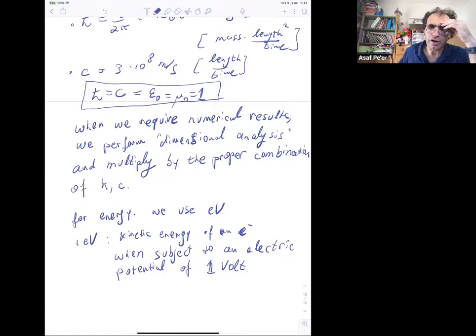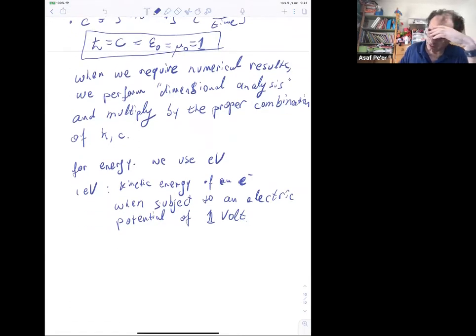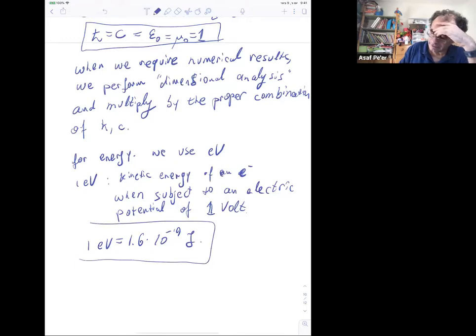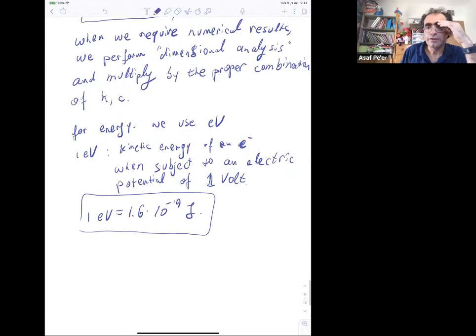Of course, it's sort of arbitrary. So if you compare that to the other units that you're used to in the MKS system, which is joules, 1 electron volt is 1.6 times 10 to the minus 19 joule. And as we stated, in natural units, we derived that in class, right?